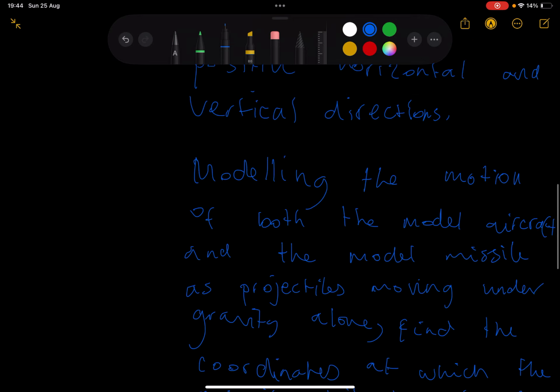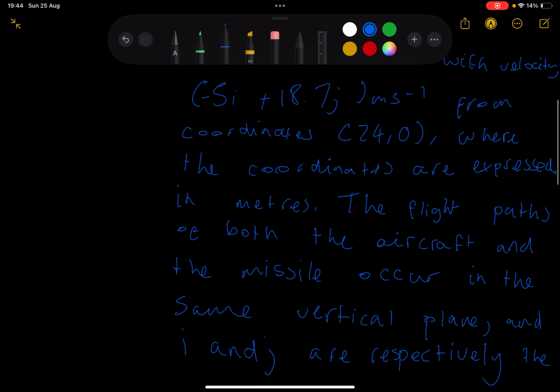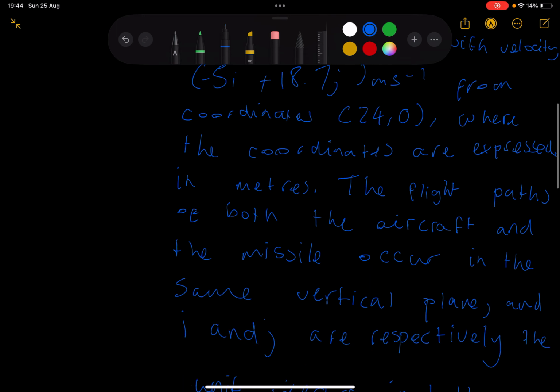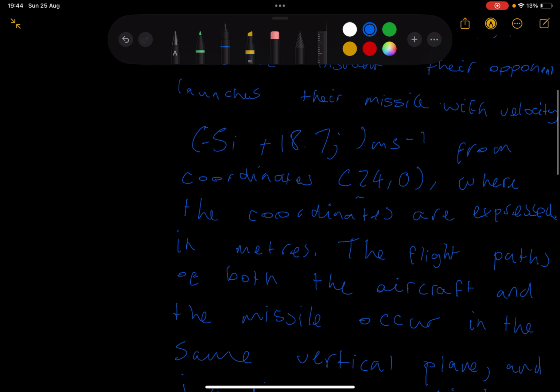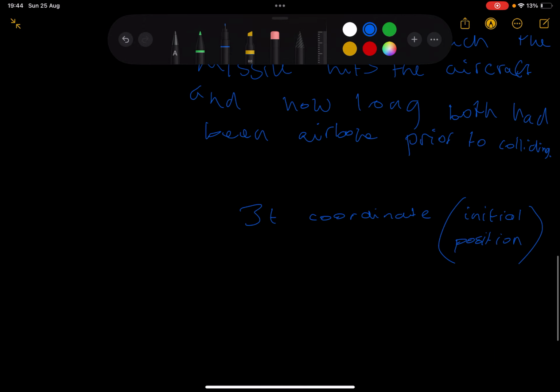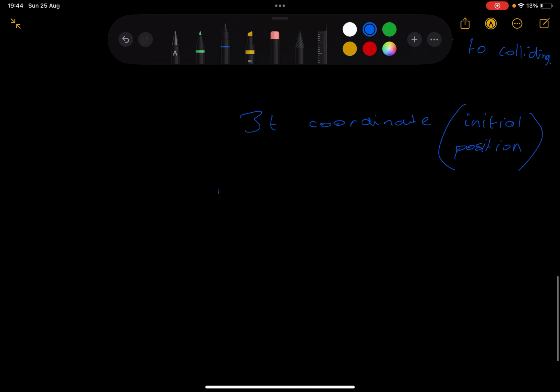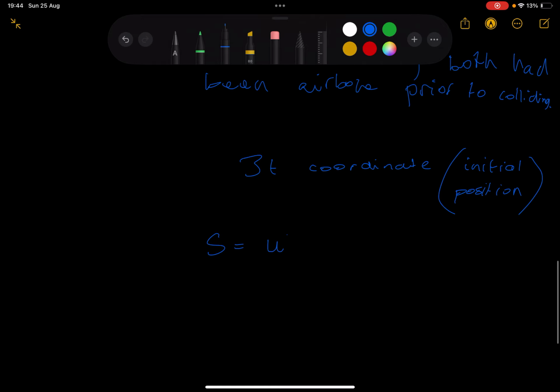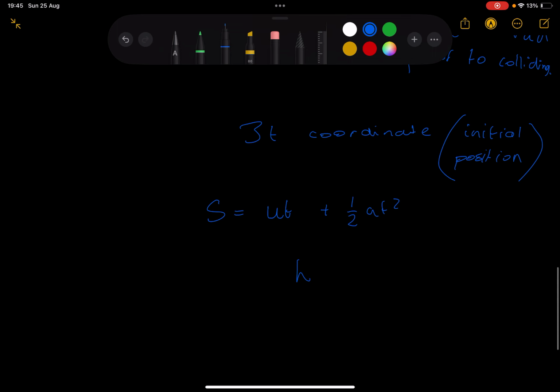And for the other part, you know from the question that minus 5i is here and 24 is here. So let's add up those coordinate vectors of minus 5 and 24. Since s equals ut plus half at squared, here a equals 0.